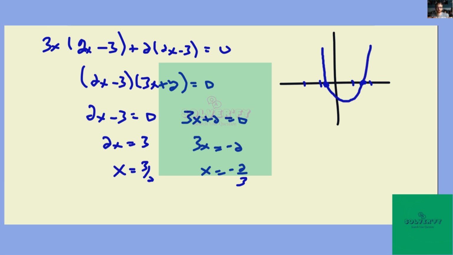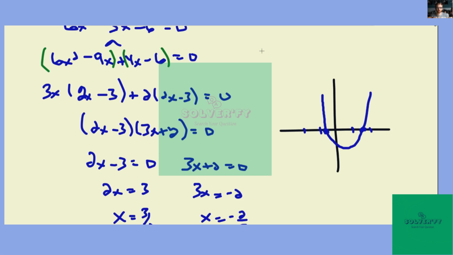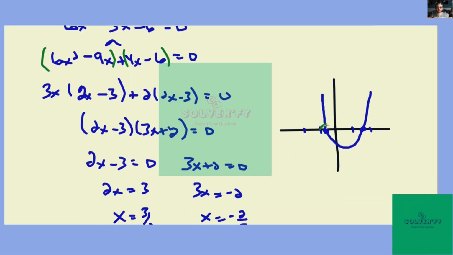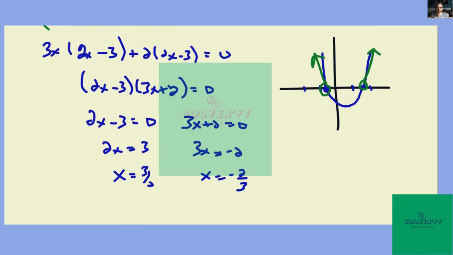Basically, if it's strictly greater, as it is, not greater than or equal to, it'd be open and to the left and open and to the right of those solutions. It's not in between. So if you give this in interval notation, the solution would be from negative infinity to negative 2/3 not included, union 3 halves not included to infinity.